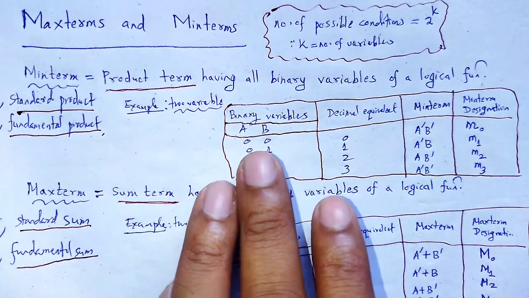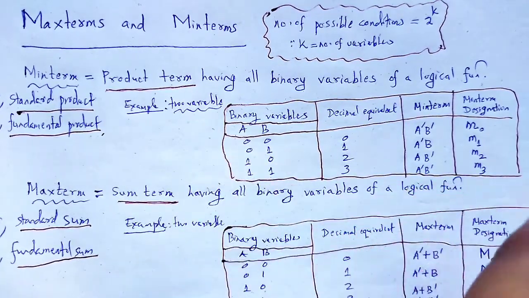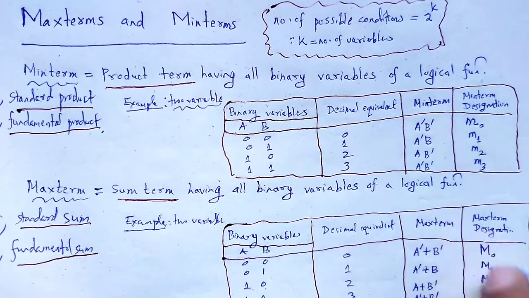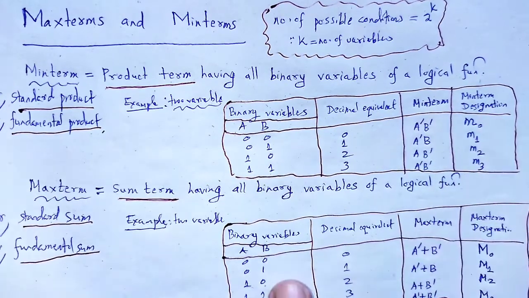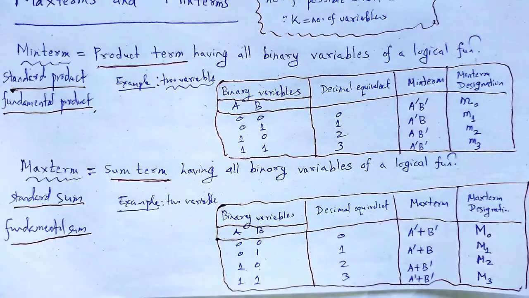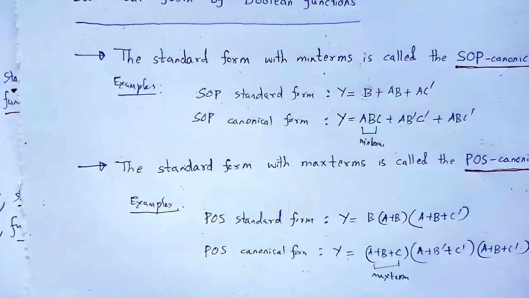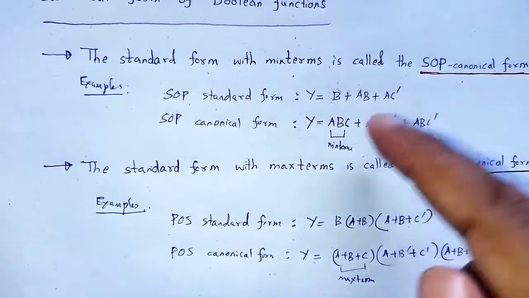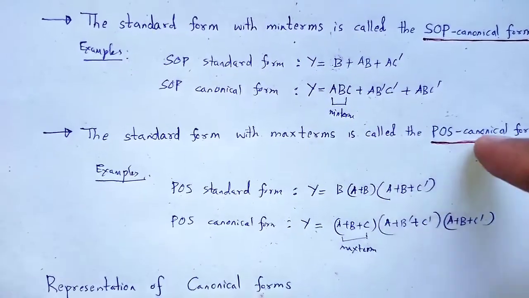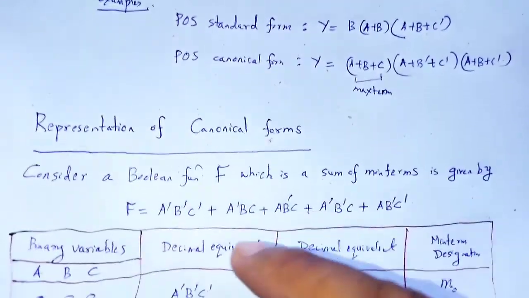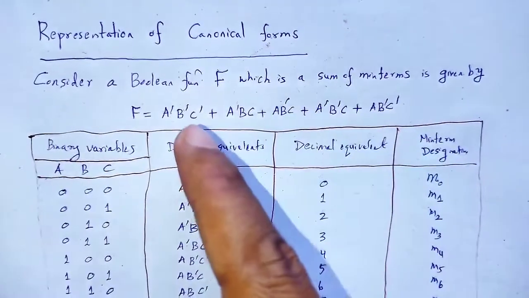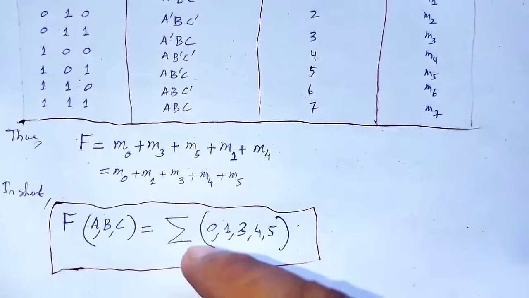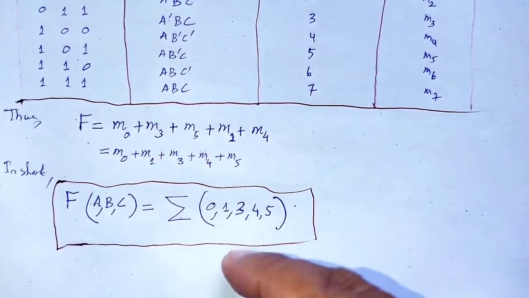By taking an example of two variables, we saw how to designate Maxterms and minterms, and the canonical forms of Boolean functions as SOP canonical form and POS canonical form.